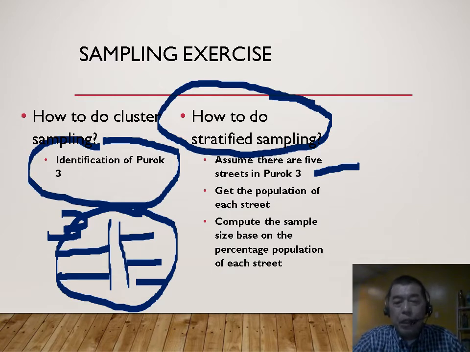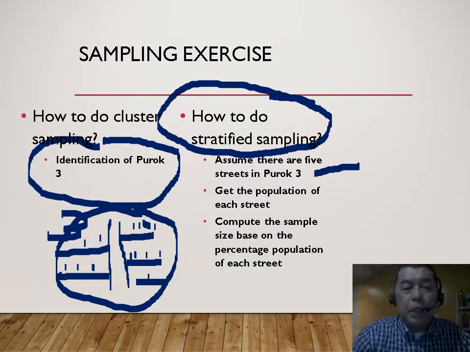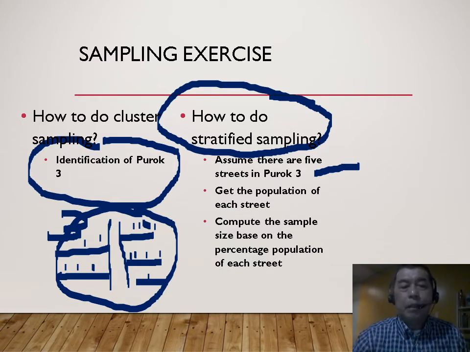And then you are going to get the population of all the households living in those major thoroughfare or streets, no? Okay? And then you compute the sample size based on the percentage population of each street. Okay? So, meaning to say, you will get the sample size of the population residing on that street.